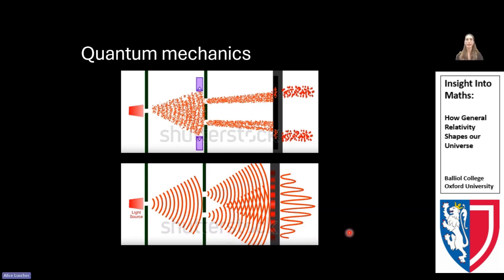Okay, so now the interesting question is, what happens if I throw electrons through those slits? So intuitively, you'd think that electrons are little particles, so that they're basically tennis balls, and they will go through one slit or the other, and I would obtain that pattern on the screen, right?